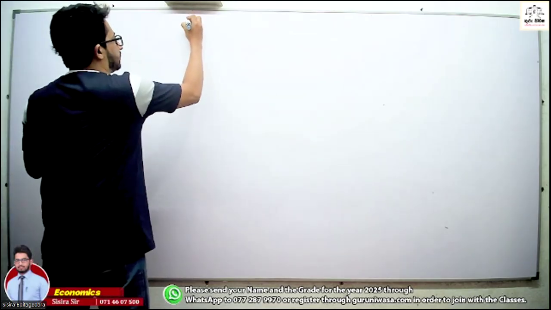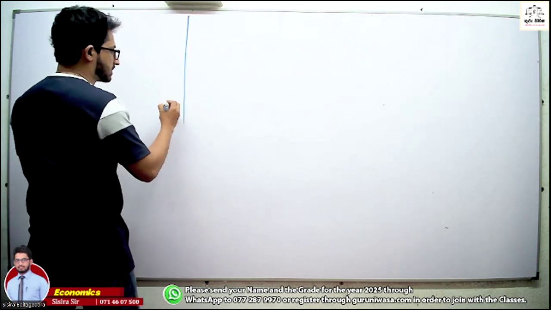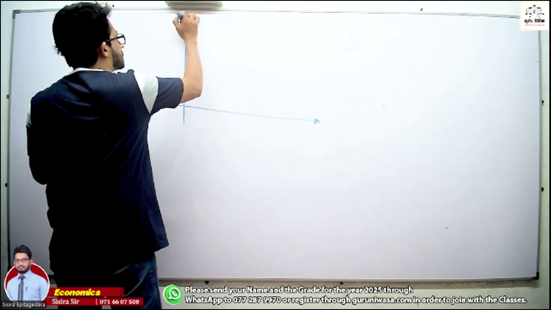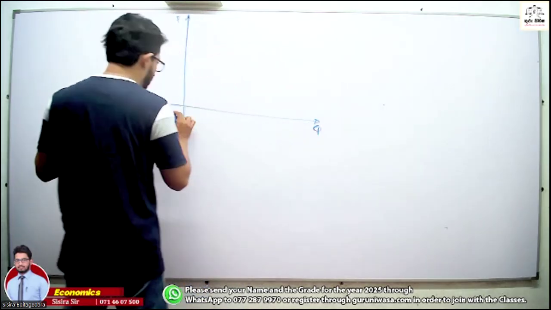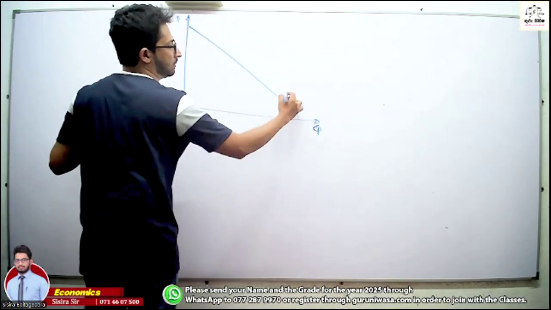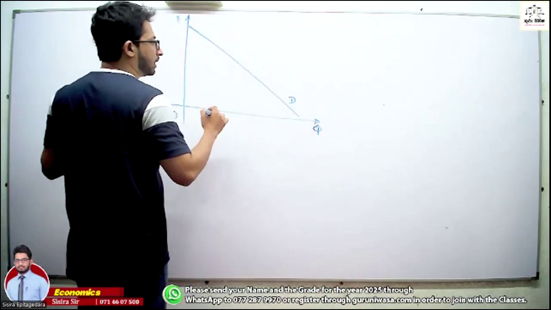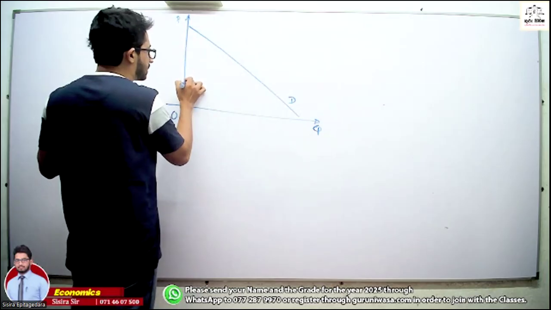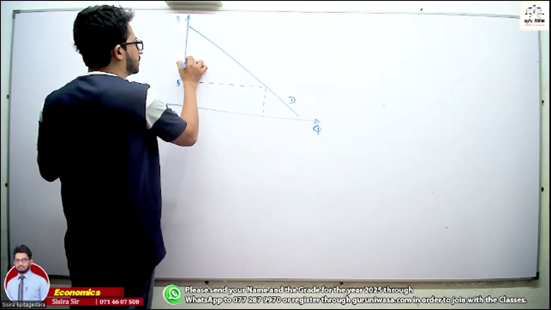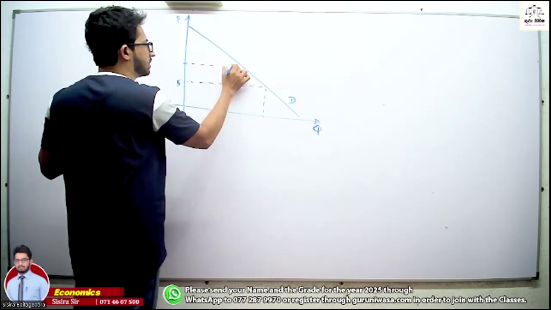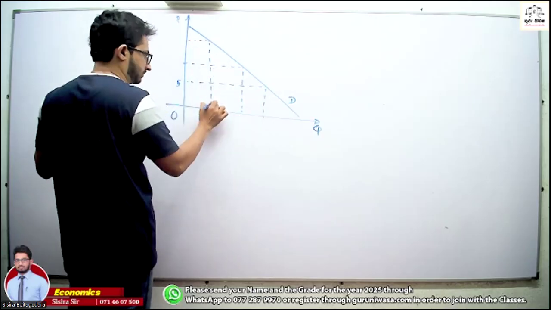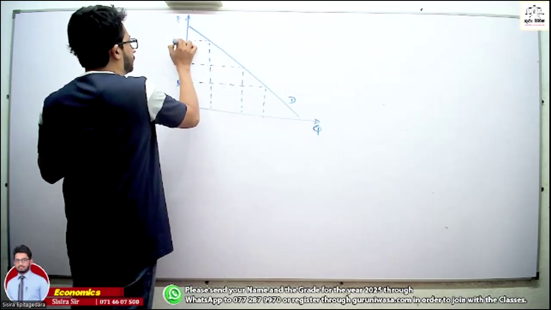Draw this diagram inside the box. Price, quantity, 0. No need for scale, Dinal. Just draw it. Demand curve. Mark 3 prices: price 5, 10, and 15.